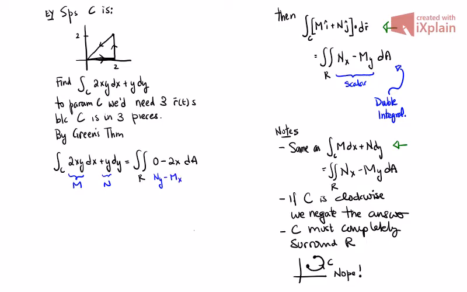Those are partial derivatives. R is the region that's inside. Let me draw a separate picture of R, because we've changed from an integral around a curve to an area integral, a regular double integral. That is our R.